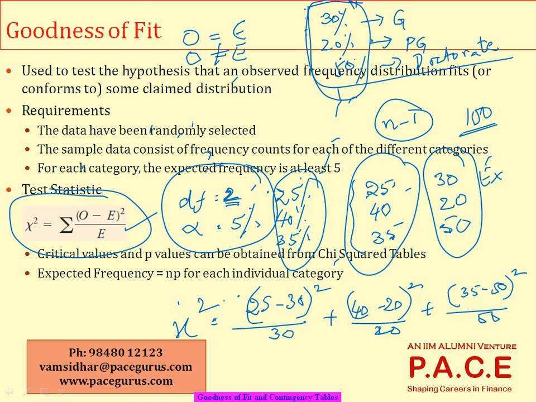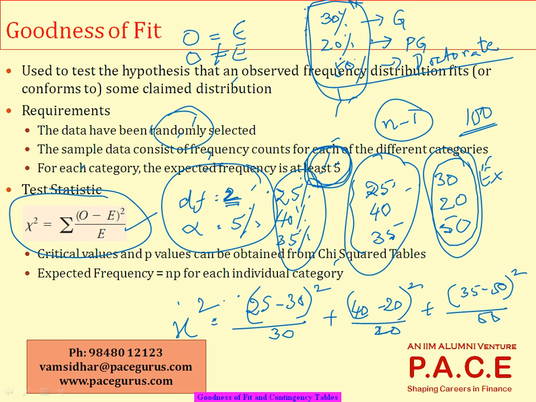Some of the main requirements for it: I need to collect the sample in a random fashion, and for each of the categories the frequency counts have to be separate, and the expected frequency should be at least 5. Here we have 30, 20, 50 as the expected frequencies, but if the expected frequencies come below 5, it's better to club that category.